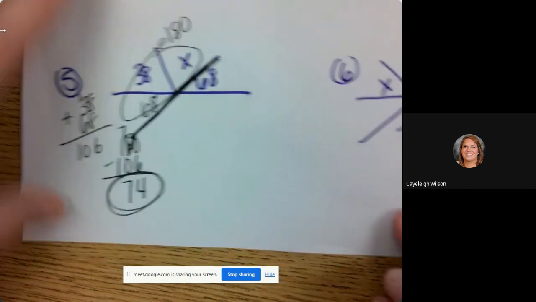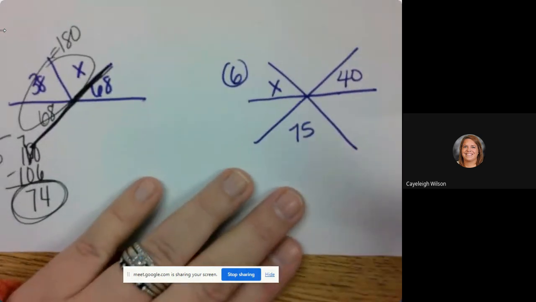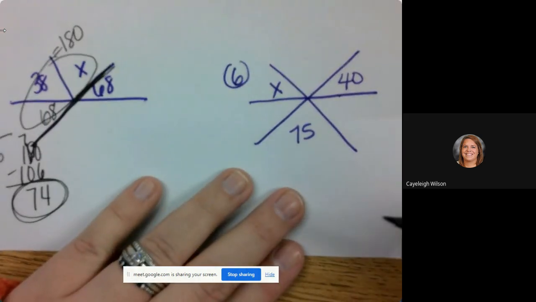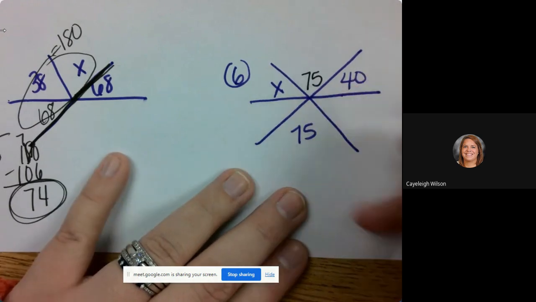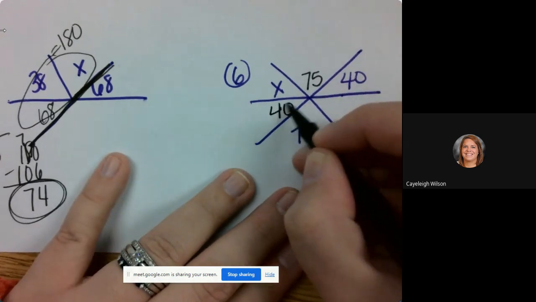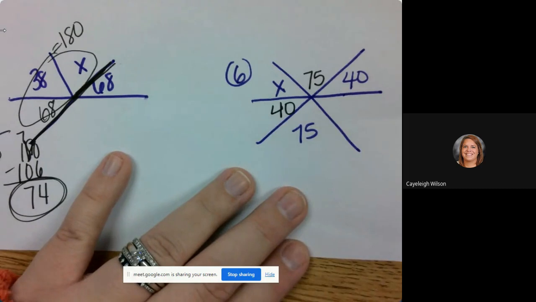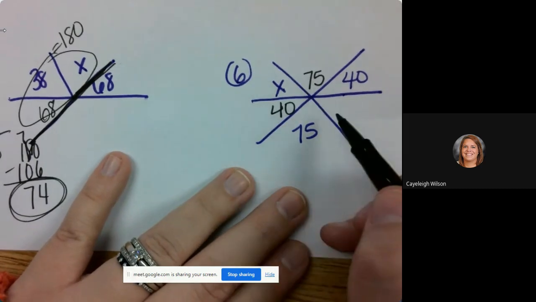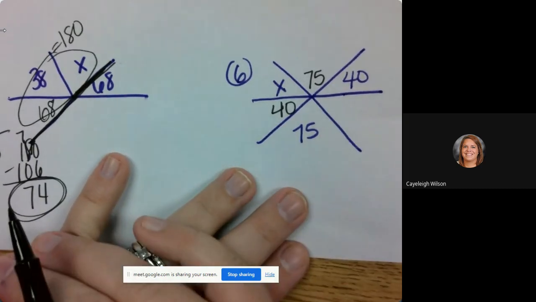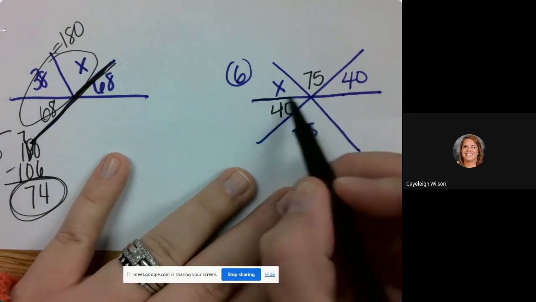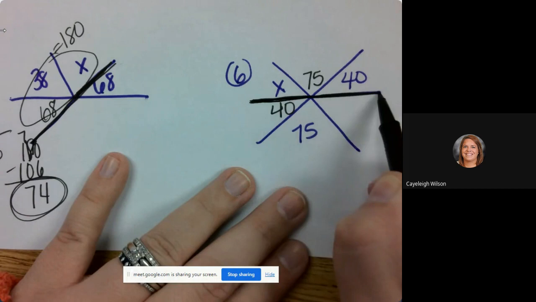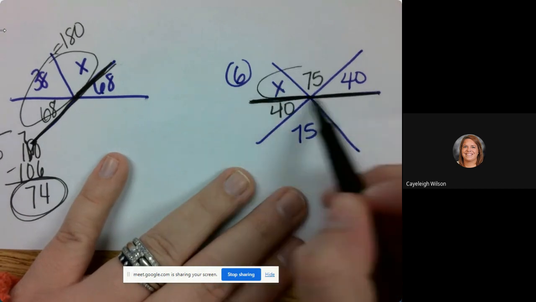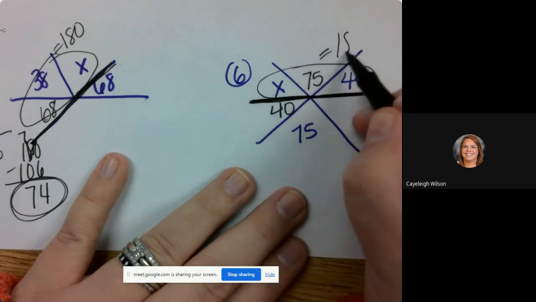All right, and then our last one here. I don't really know what's going on here, so I'm going to fill in missing values. If this is 75, so is this. If this is 40, so is this. If this is X, so is this, but I don't know X, so I'm not going to fill it in. But I do see that X is on this line, and if I follow it all the way across, all three of these are on a straight line, which means all three of these equal 180.